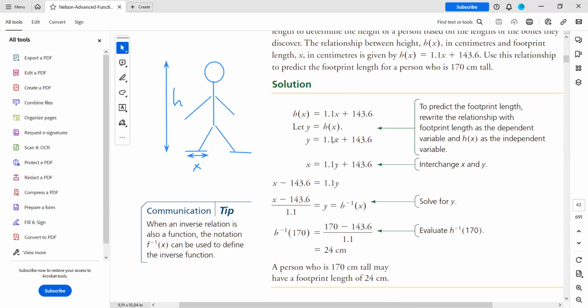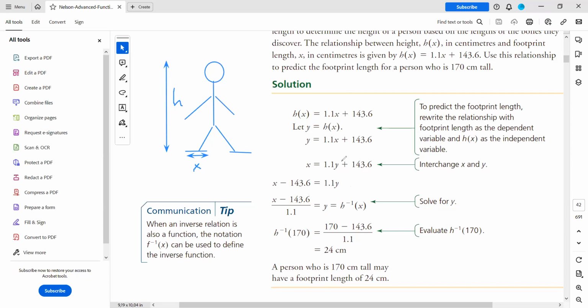Now, as in the example with the quadratic function, what we're doing is interchanging x and y in their places, right? This is one of the possible methods of finding an inverse function. Now we have to express y with respect to x again.